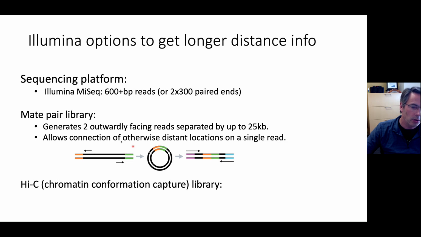Okay, and then circularize the DNA, and now you know that when you end up reading, so here it's got the Illumina adapters, the purple and blue stuff, these two black pieces are, in some cases, if this is 25 kb, you know that black read and that black read are really separated by a known distance, and that could be a really long distance.